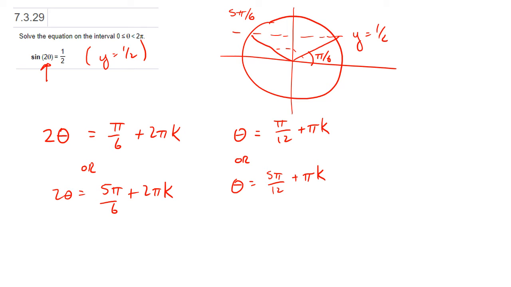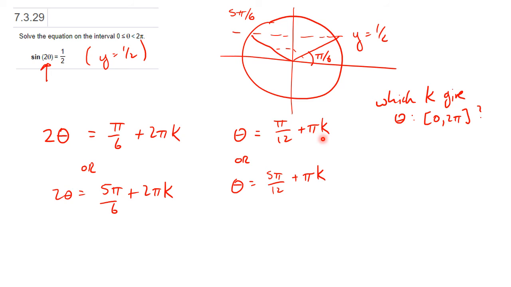And now we ask which k's give theta from 0 to 2 pi. So here I can't let k be negative because then I'll have taken away a pi and only added a little back in. k equals 0 is fine.